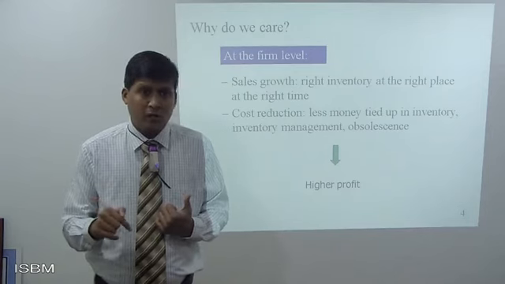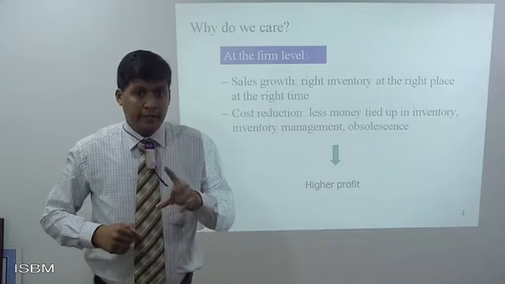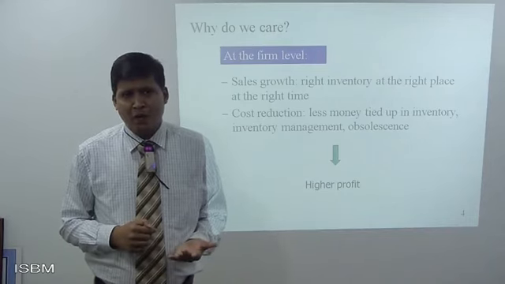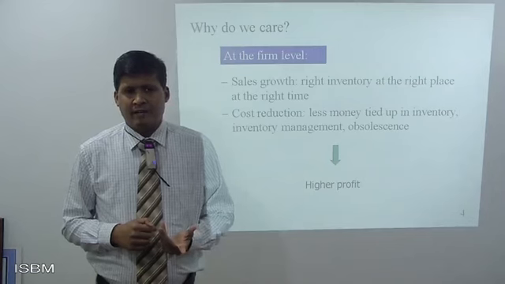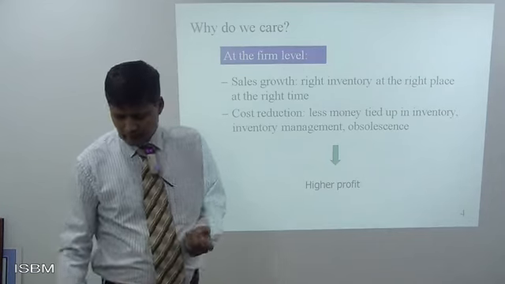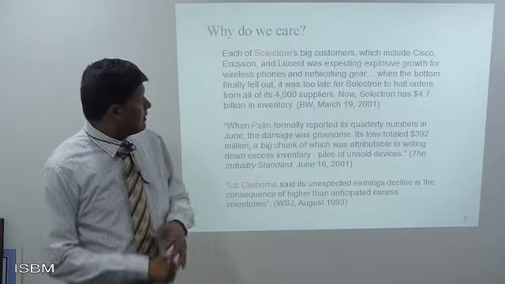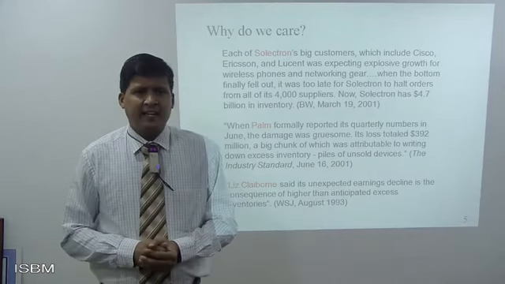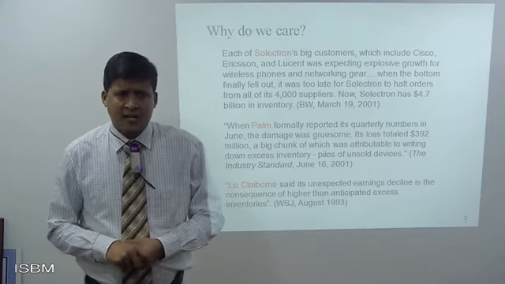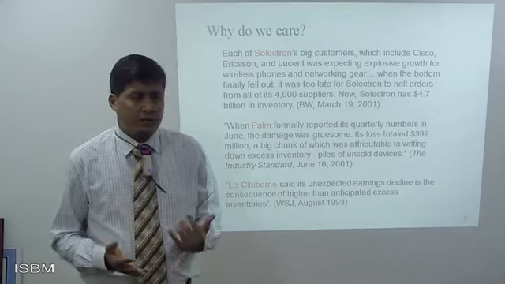So we are not speaking of reducing inventory, we are speaking of optimizing inventory, and that's detrimental. Okay, why do we care? Let's take a business example to substantiate this.